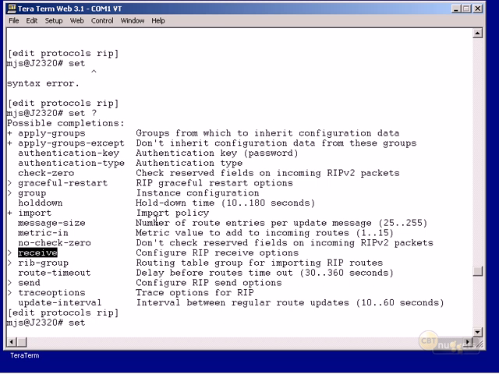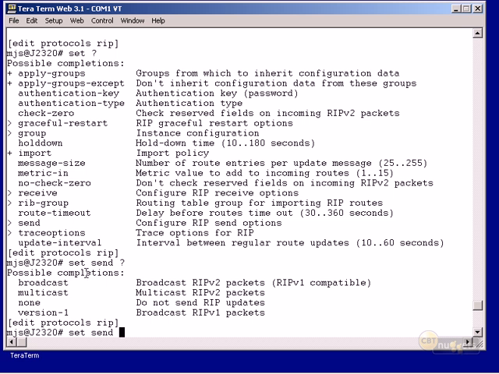So let's go ahead and do that. Let's say set send and do a question mark here. I can send from this J2320, or really globally, and this needs to be consistent along all of the members of this group. For example, I can say I want to send broadcast messages, which is basically saying I want to do RIP version 2 and broadcast but be backward compatible with RIP version 1.